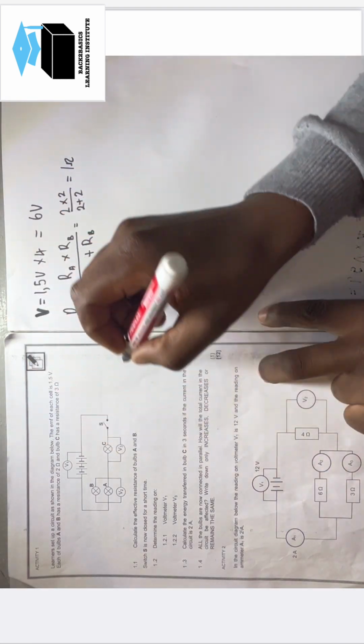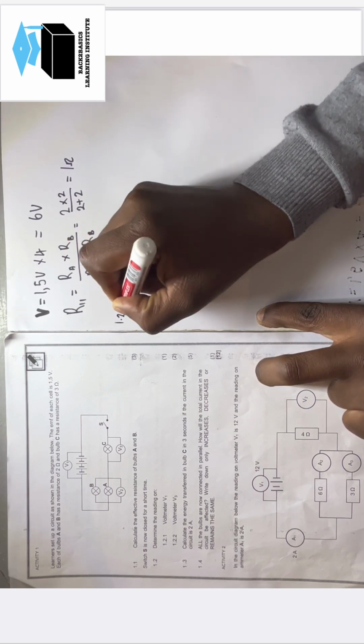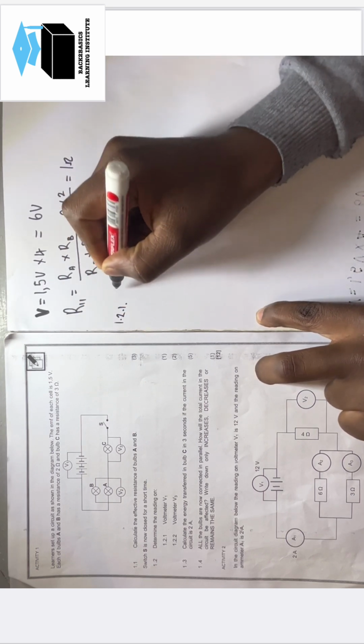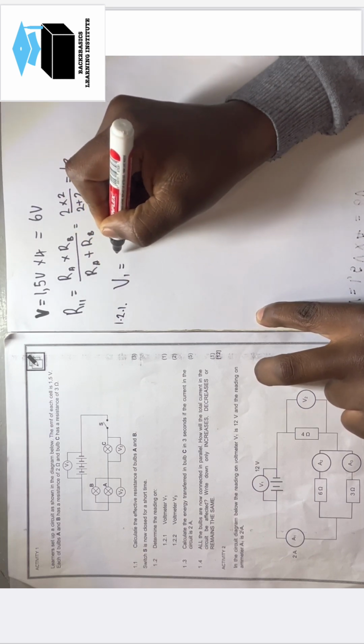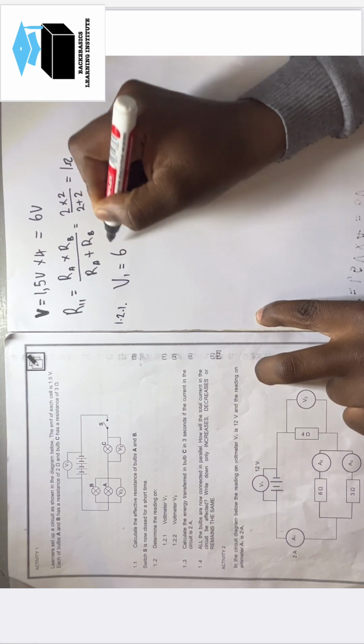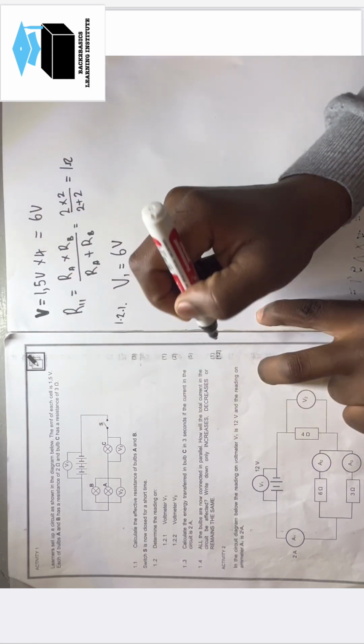As soon as this is closed, your V1, in 1.2.1, is going to be this one, the 6 volts, right? This is going to be your 6 volts as soon as this is closed.